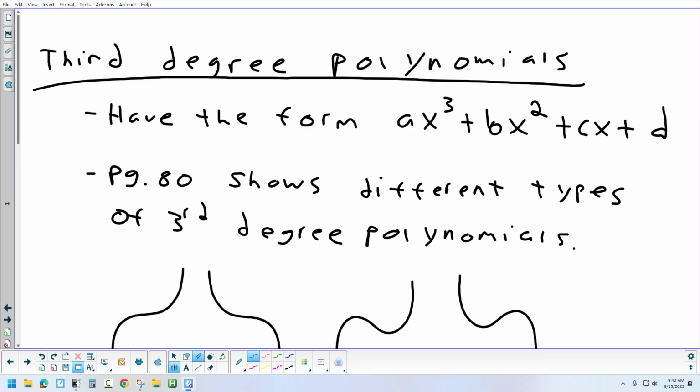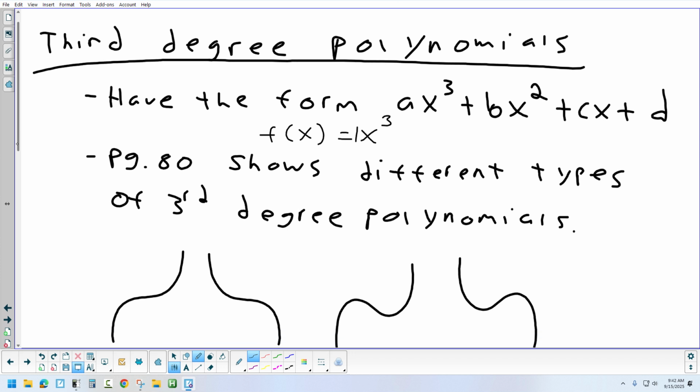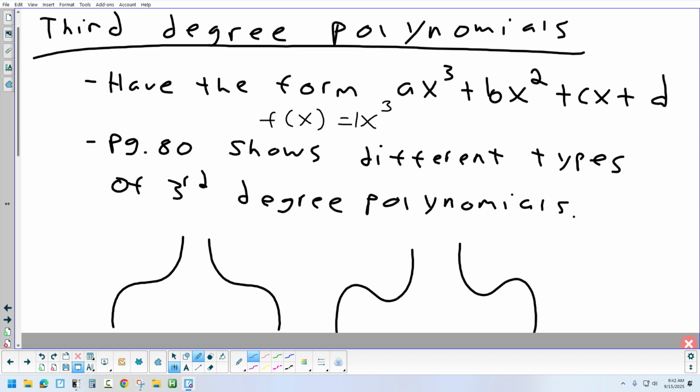The simplest cubic is just f of x equals x cubed. That's what we call the parent function. In that case, b is 0, c is 0, d is 0. They're all 0, and a is 1.